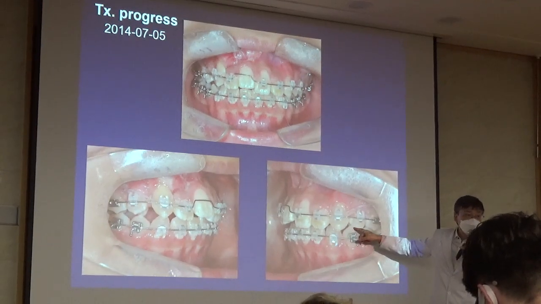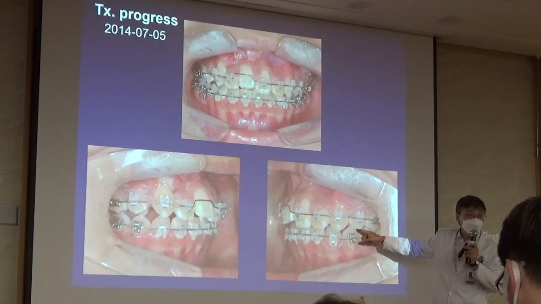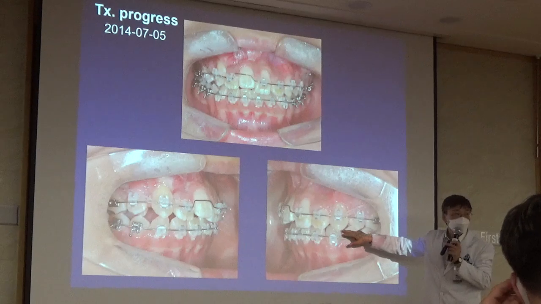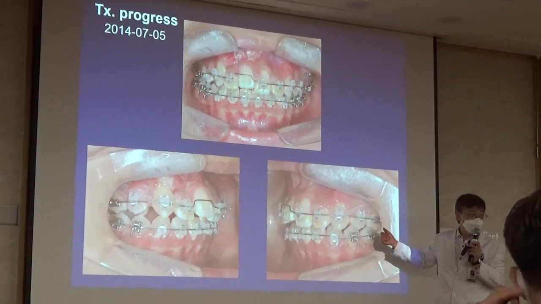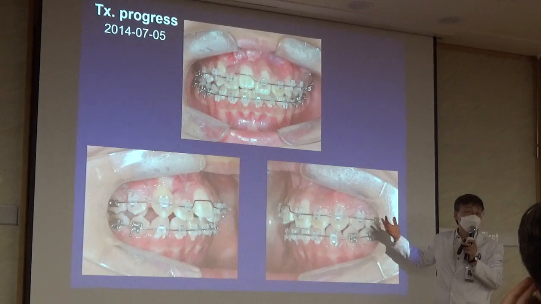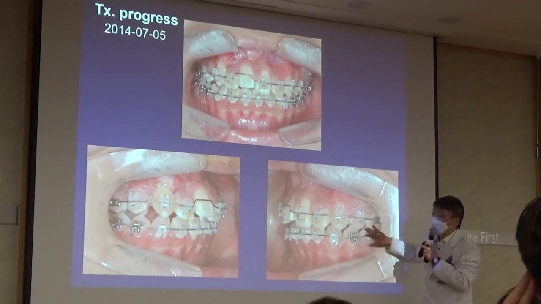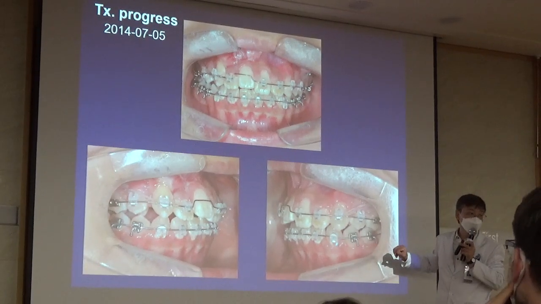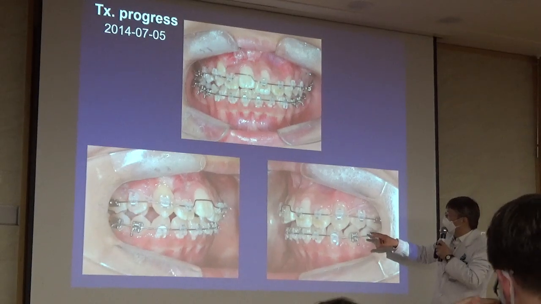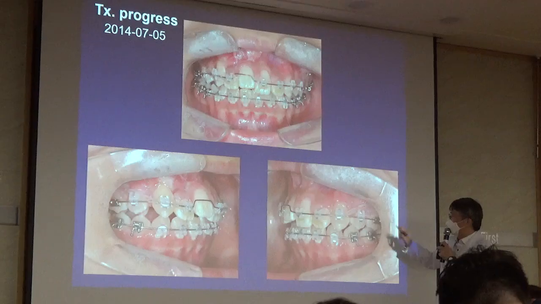Although it's not a total class 2, we still need an interradicular miniscrew. Although it takes only 1 millimeter of distalization, we still need it because that's easier. That doesn't need the patient's compliance. She doesn't have to wear class 2 elastics, as long as she tolerates the interradicular miniscrew between 5 and 6, all right?